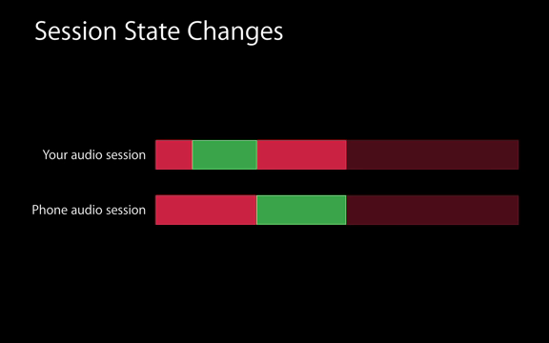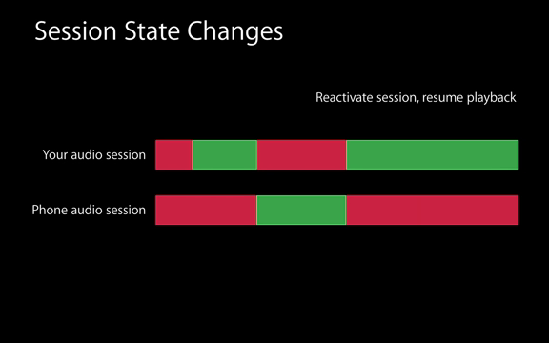And then the user ends the call, hangs up, says goodbye. And now the system is going to deliver an end interruption event to our audio session. And we're going to use that as a signal to make our session active again and resume playback. And we continue in this state. So this is a typical example of how something like a game application interacts with the phone app's audio session on an iPhone.